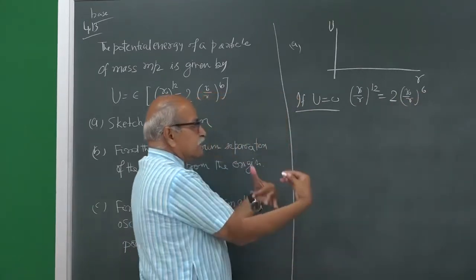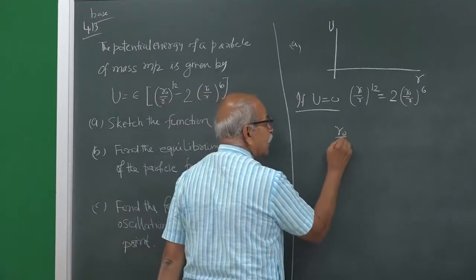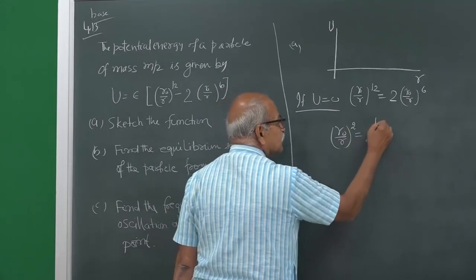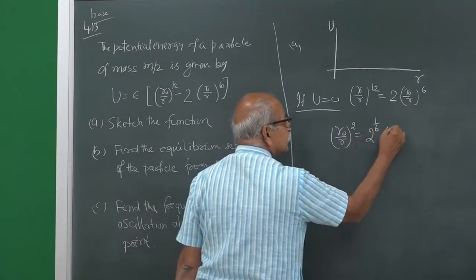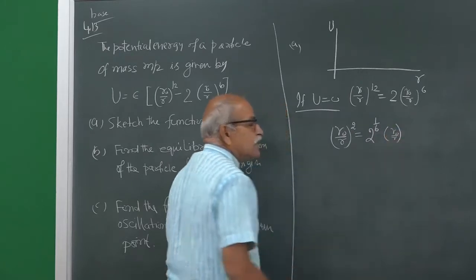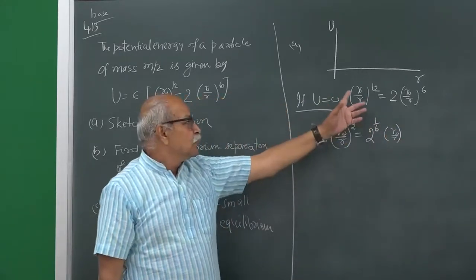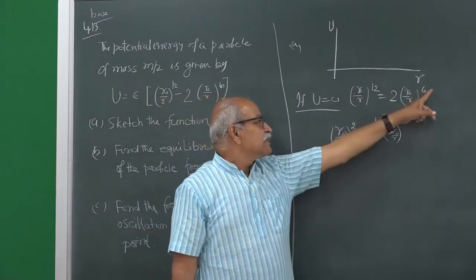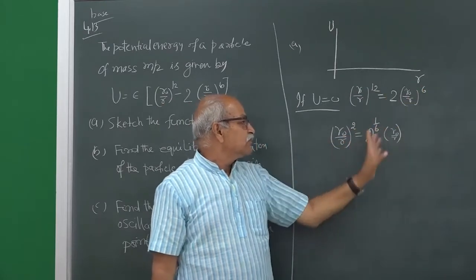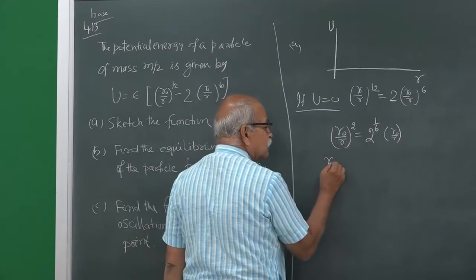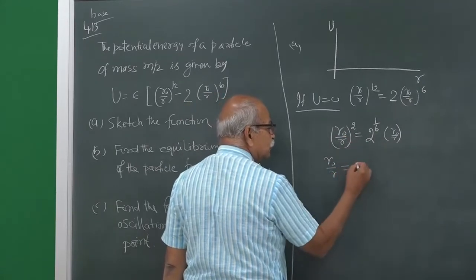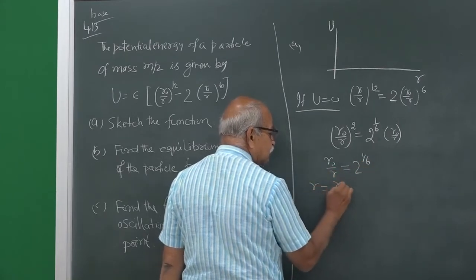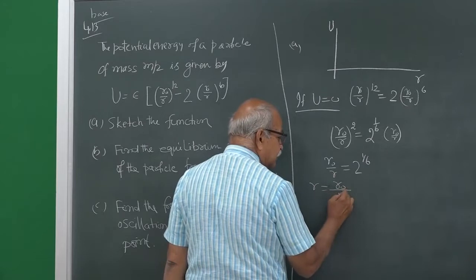If I take the sixth root, the whole thing to the power 1 by 6, that will make r naught by r equal to 2 to the power 1 by 6. So, r is equal to r naught divided by 2 to the power 1 by 6.